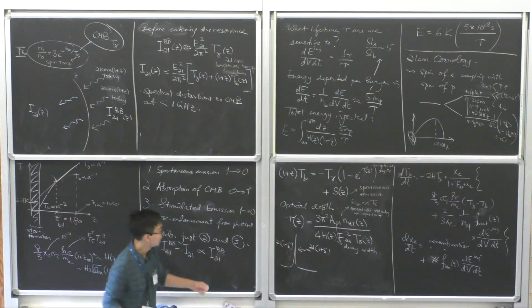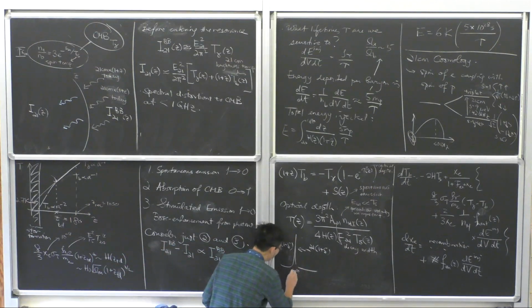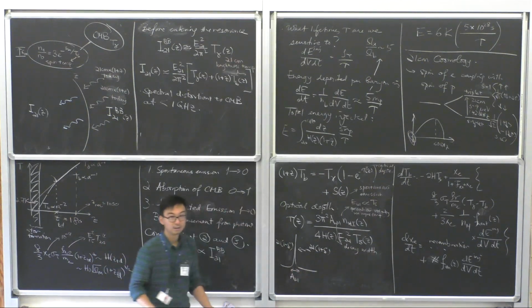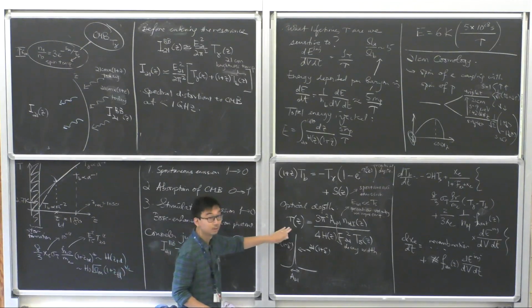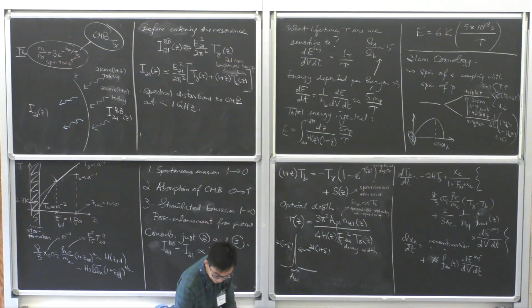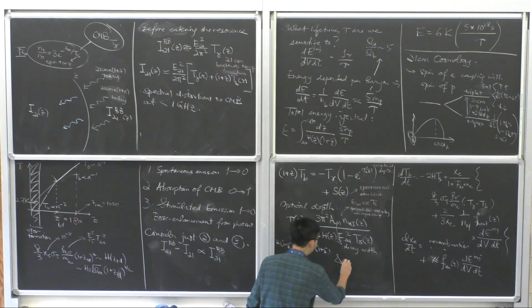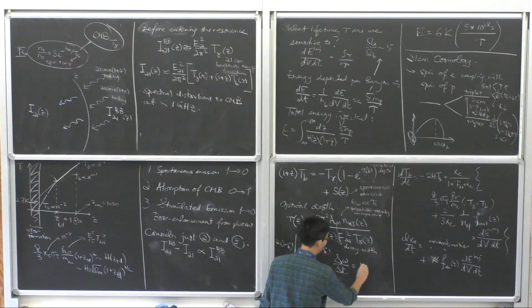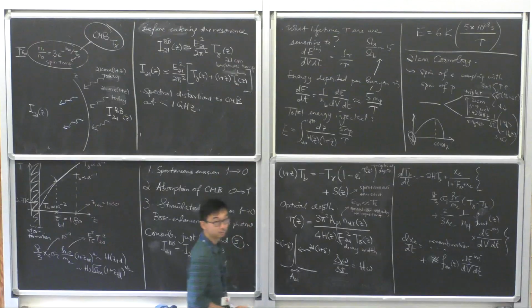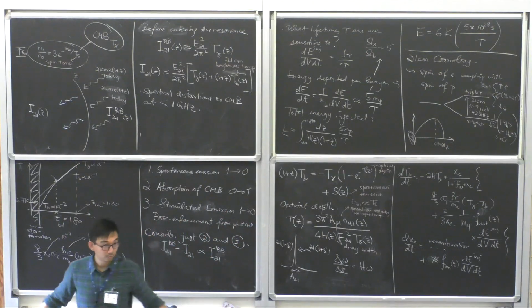And so the total amount of time spent within A21 will also determine the optical depth. If I look at how quickly the frequency of the photon is changing as a function of time, you can convince yourself that this is just given by H times omega, because H tells you the expansion rate.